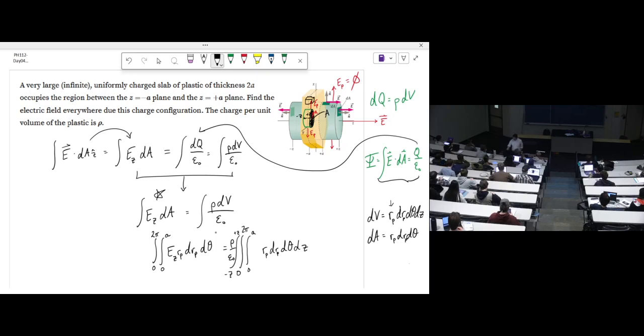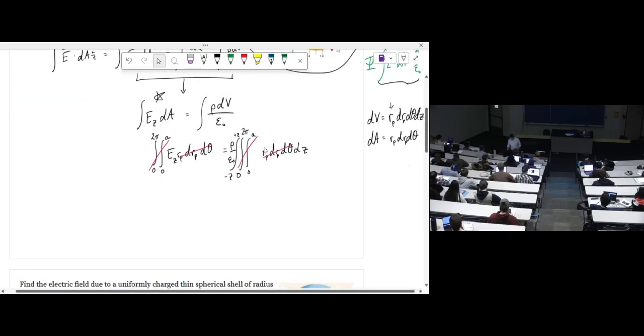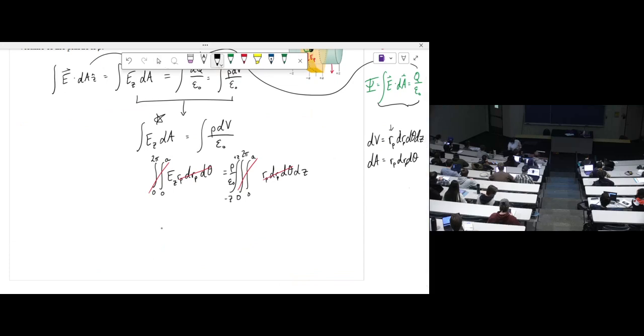Since all of the integrand is constant with respect to the integrating variables, these two integrals over r dr d theta cancel out. And what I'm left with is E sub z equals rho over epsilon naught times the integral from minus z to z dz.